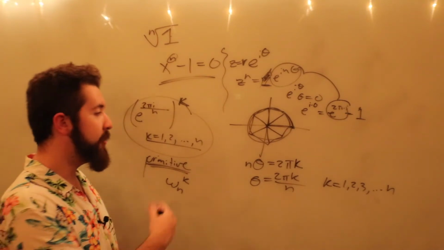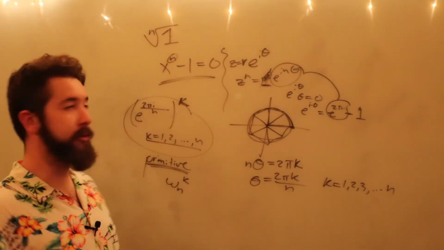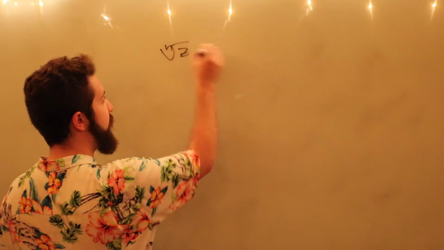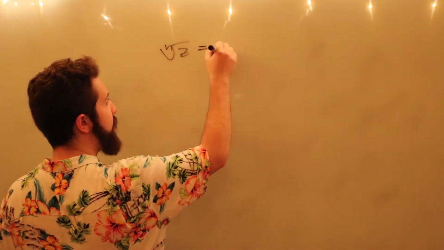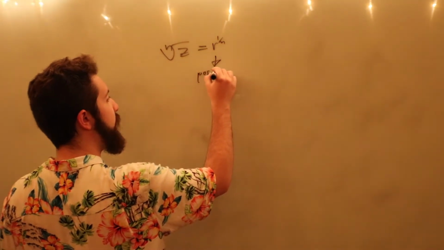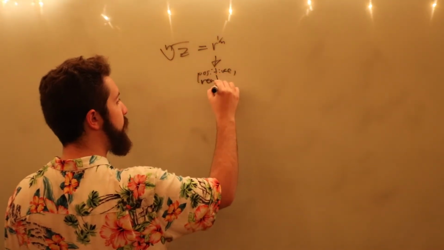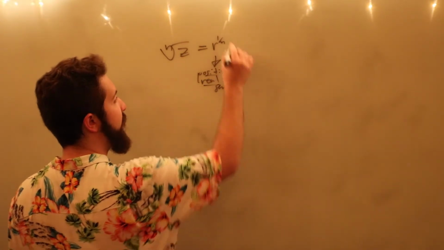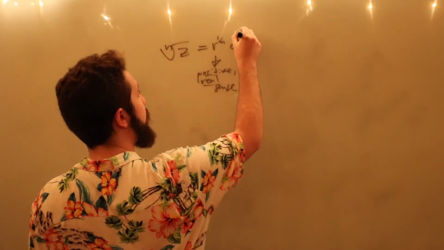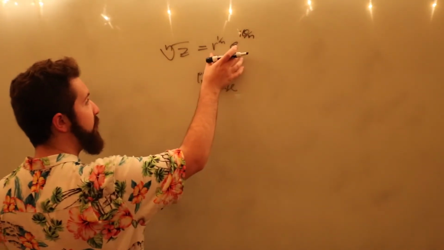Okay, so nth roots of unity, these are going to allow us to take roots super easily. So if I want the nth root of the number z, a complex number, it's going to be equal to r to the 1 over n, taken in the positive real sense, we want the positive root there, times e to the i theta over n, and this is going to be sort of the primitive root.